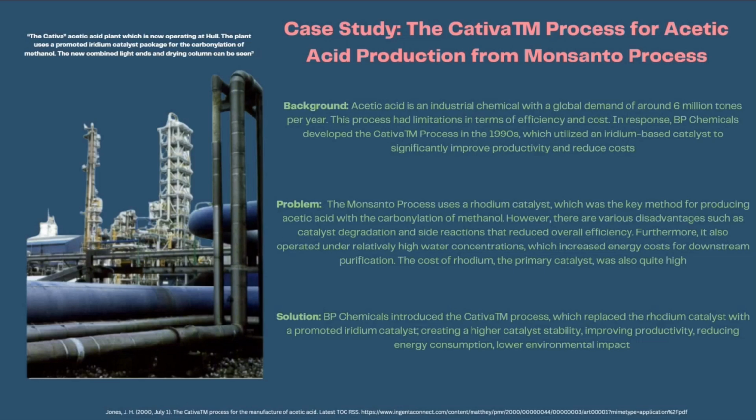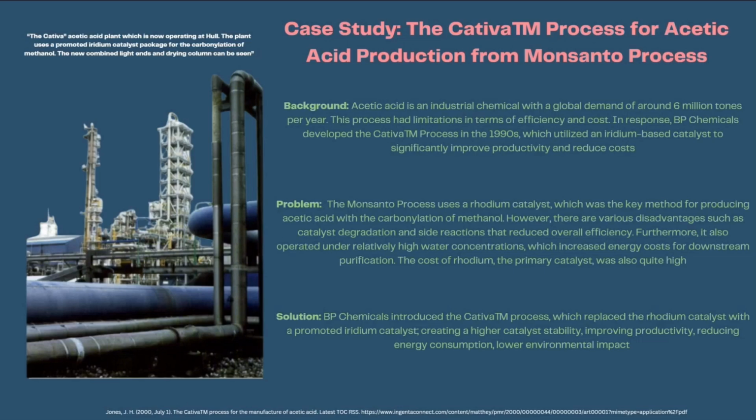The solution: BP Chemical introduced the Cativa process, which replaced the rhodium catalyst with a promoted iridium catalyst, creating higher catalyst stability. The iridium catalyst was more robust than the rhodium, especially at lower water concentration, which allowed for more efficient operation.